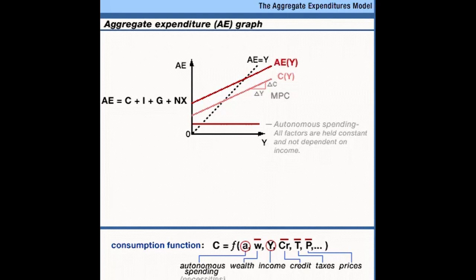But for the moment, all of those other factors, all of those other leakages and injections, we are taking as constant. They don't depend directly on income, and therefore they can be represented by this horizontal line and added onto the consumption function vertically to give us the new aggregate expenditure line.